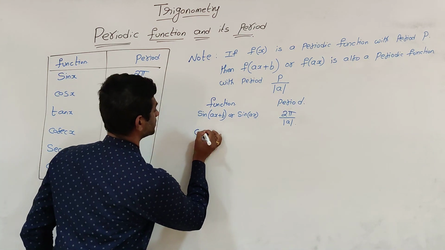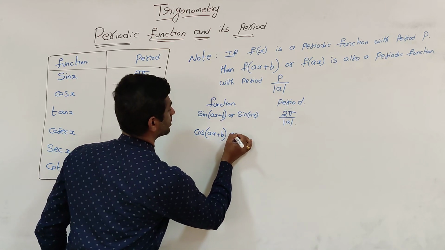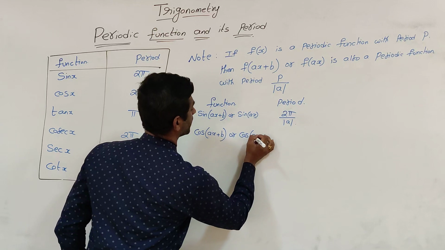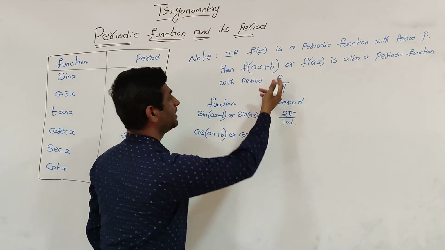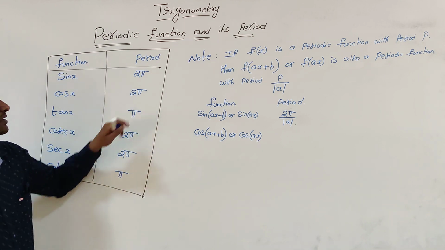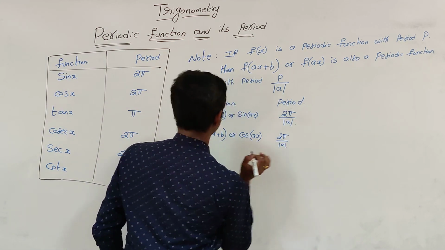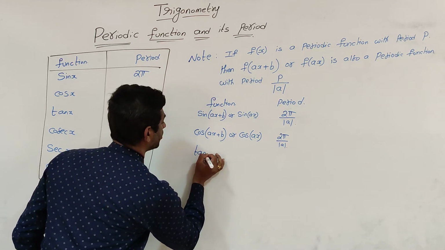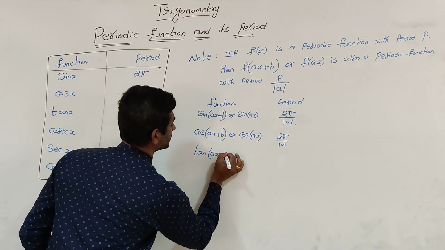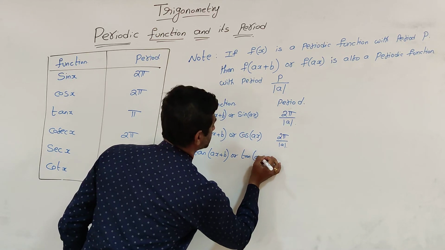Similarly, cos of ax plus b or cos of ax has period p by mod a, but the period of cos x is 2 pi, so it will be 2 pi by mod a. Next, tan of ax plus b or tan of ax.